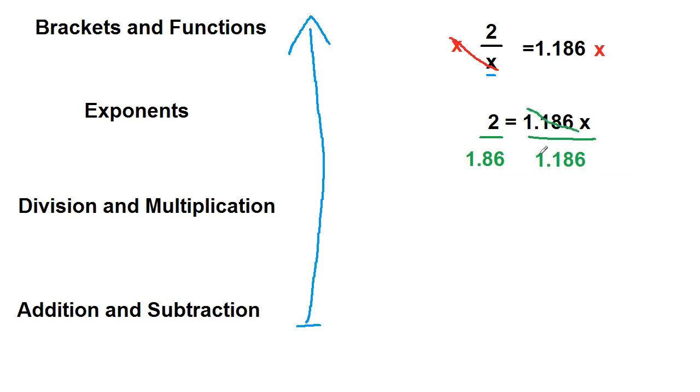On the right-hand side here, the numbers will cancel out, leaving us with just the x that we wanted to find. So we will just have x on the right-hand side. And on the left-hand side, all you really need to do here is take 2 and divide it by 1.86. And that will give you the answer that you're looking for.